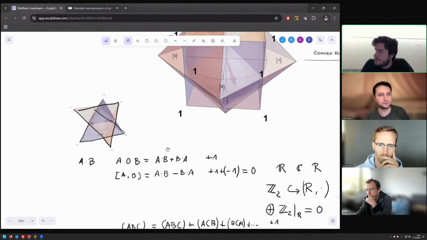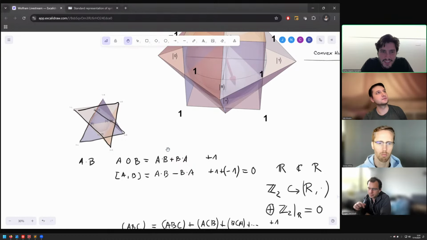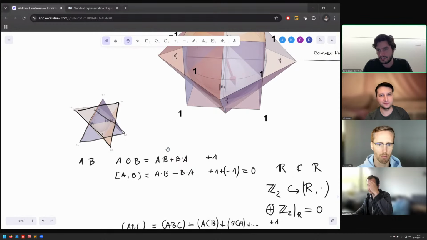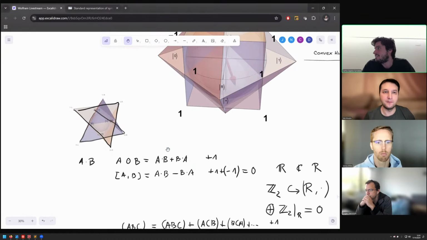So, okay, maybe my numerology is misguided. Just thinking that that 3D object seems to have 4 non-orthogonal, non-3D orthogonal instances.